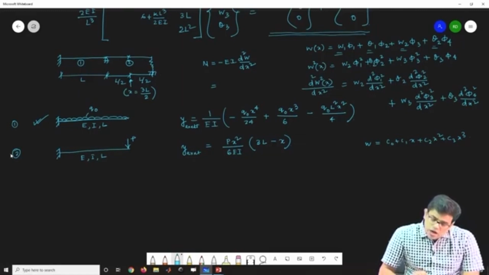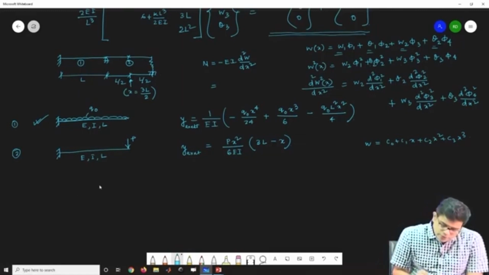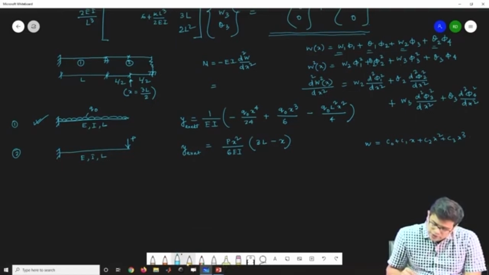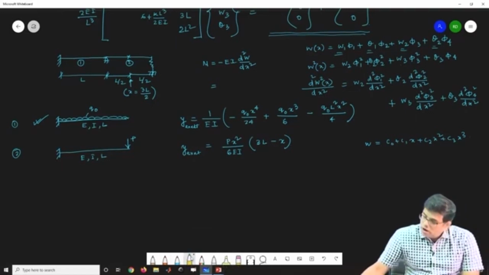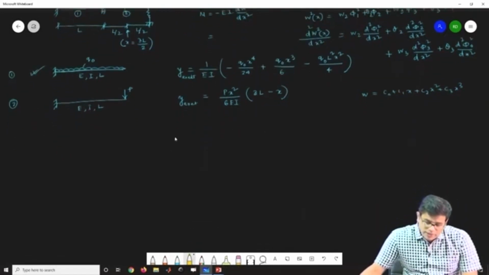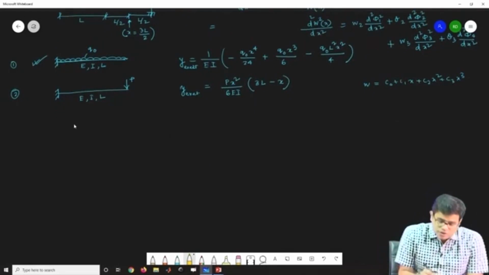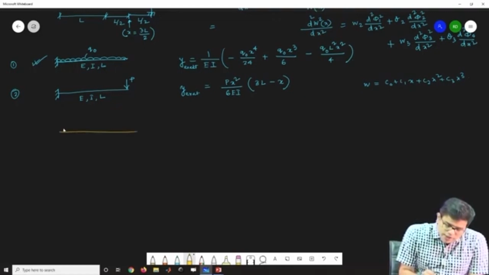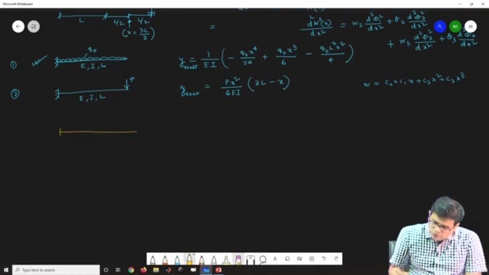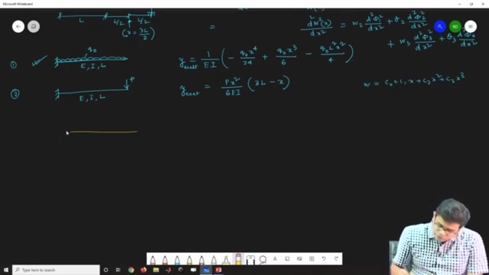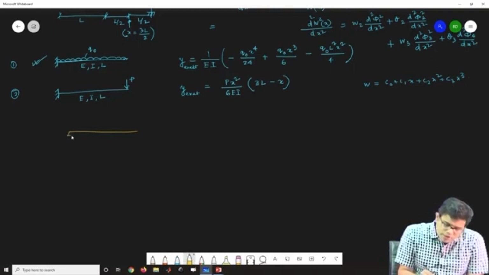Now another type of problem you may encounter, which we also discussed in the previous lecture, is finding the natural frequency of a structure. For instance, if I want to find the natural frequency of a simply supported beam, you know the associated mass and stiffness matrices.